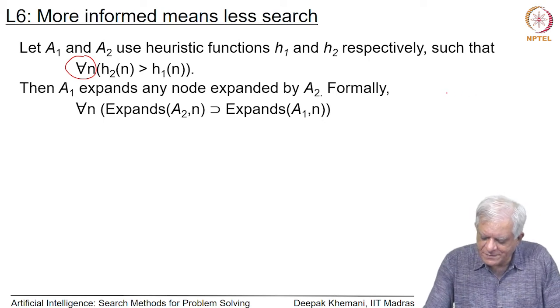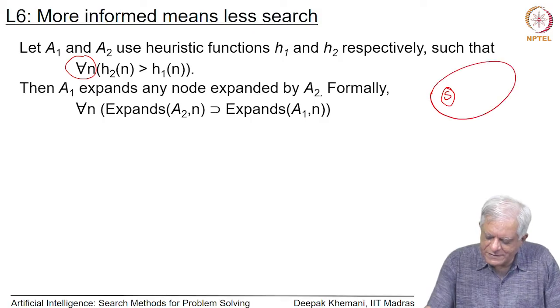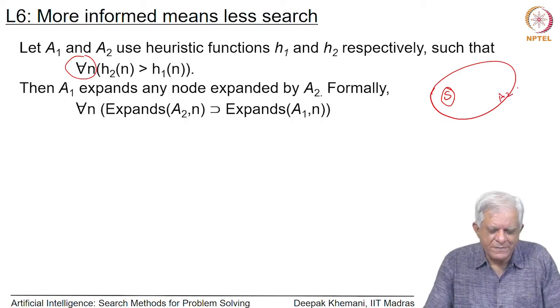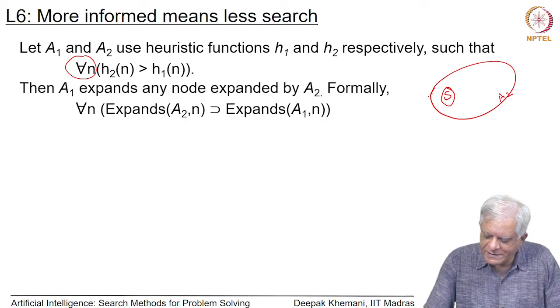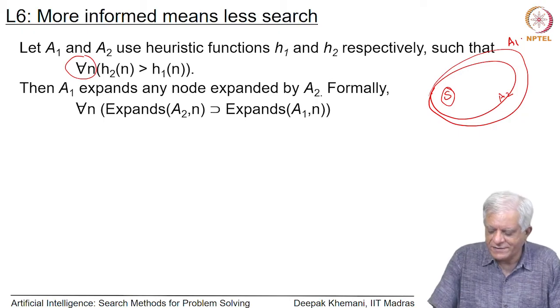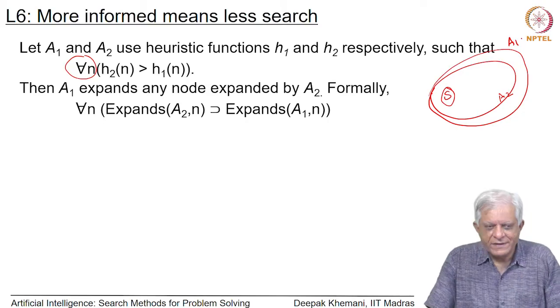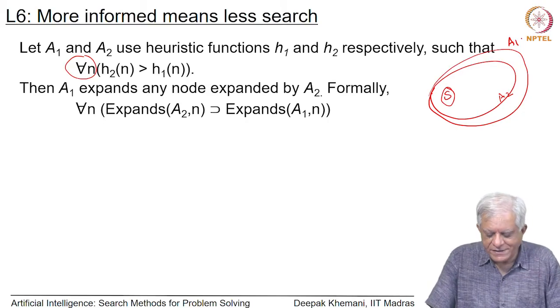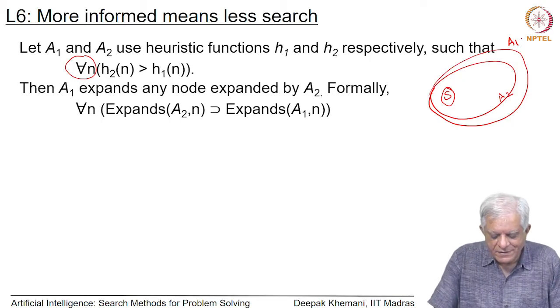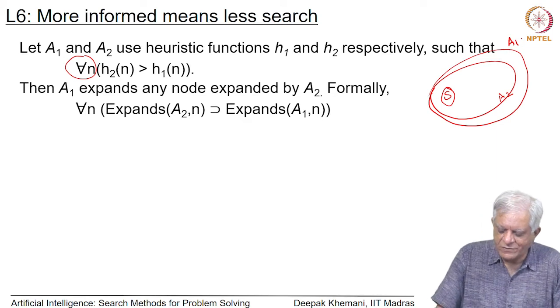That if, for example, this is the start node and this is the set inspected by A2 till any point of time, the set inspected by A1 would be a superset of the set inspected by A2. In other words, we can write it by saying that if A2 looks at any node n, then A1 also must have looked at that node n.